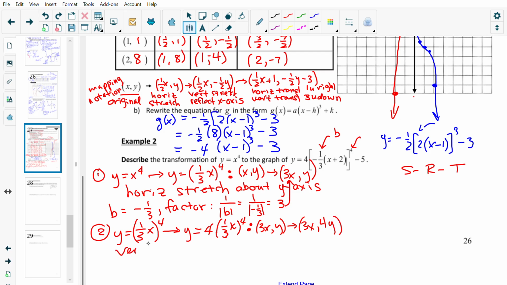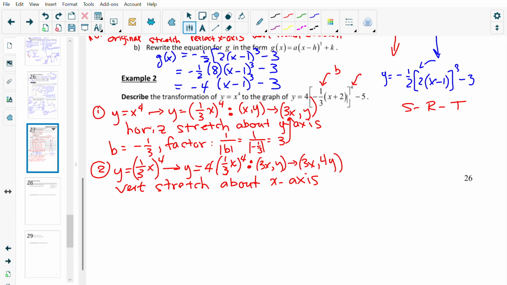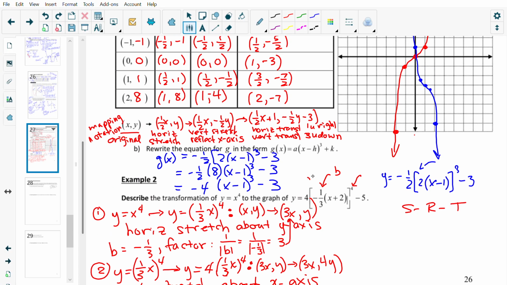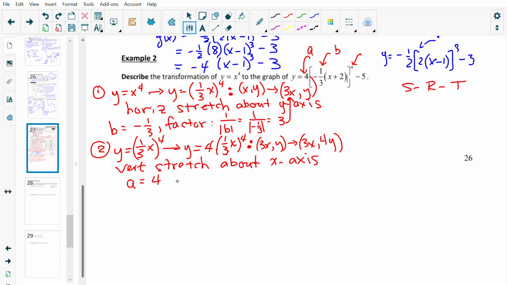This is a vertical stretch about the x-axis. Our a value equals 4, so where do we see that? There's our a value right here. A value equals 4. So remember, the factor is just the absolute value of a, and that equals 4.